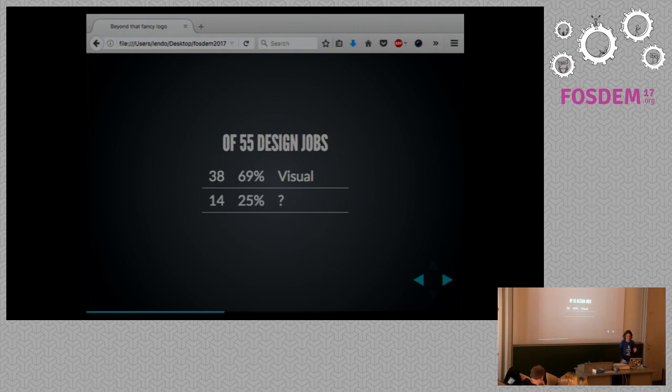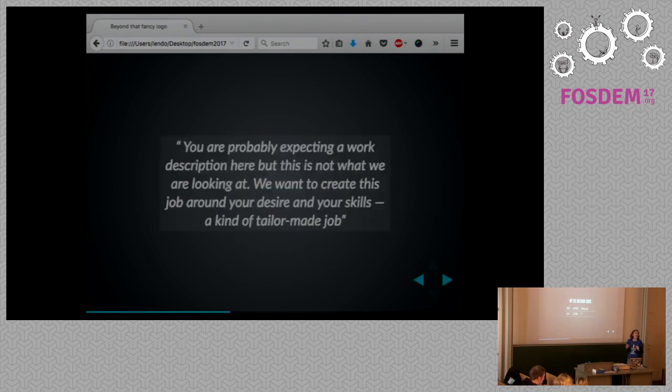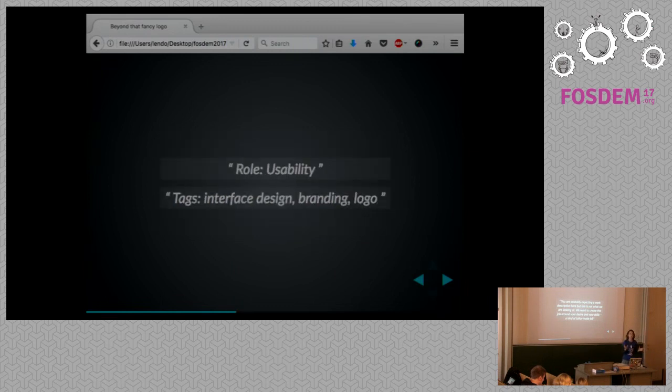Another 25%, I quite couldn't work out what they were asking for. This was because either they were being purposefully vague, like this job that was being really open, "oh, we can create a position to fit your skills and to fit your interests," which is really nice, or because they were sending very confusing signals, like this job that says role usability, tags, interface design, branding, and logo.